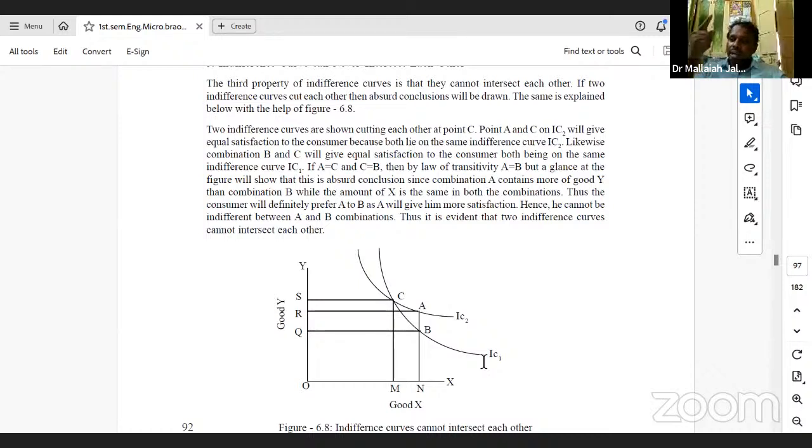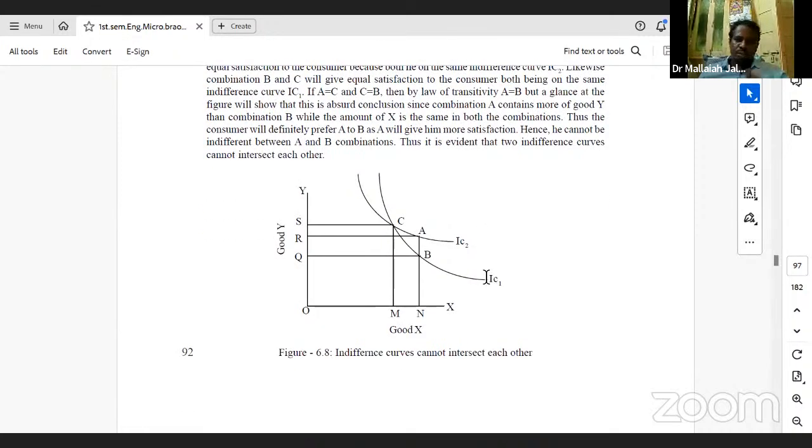But any point on the same curve gives the same level of satisfaction. So that is the reason why these two do not intersect. Getting my point? If they intersect each other, the same curve would be giving different levels of satisfaction. That is the reason why these two do not intersect each other. You have to remember.